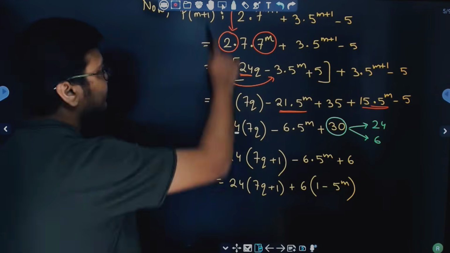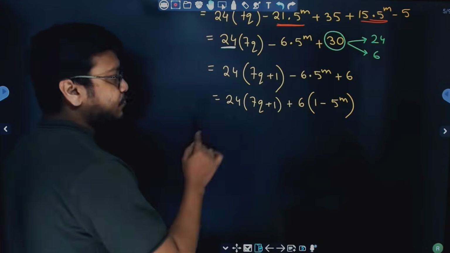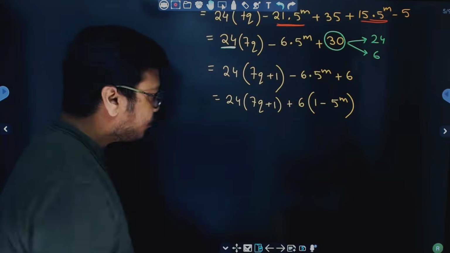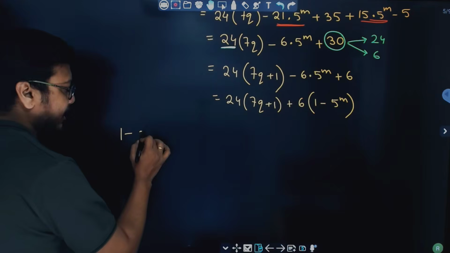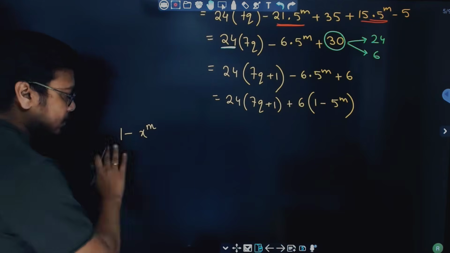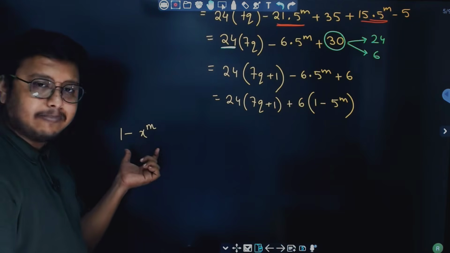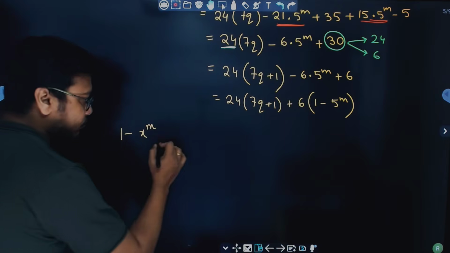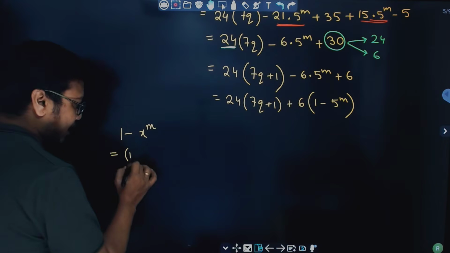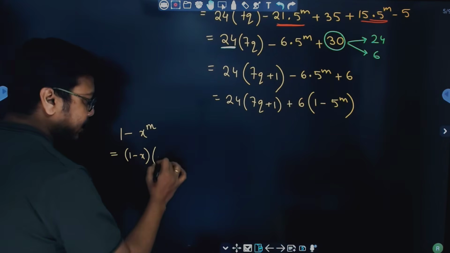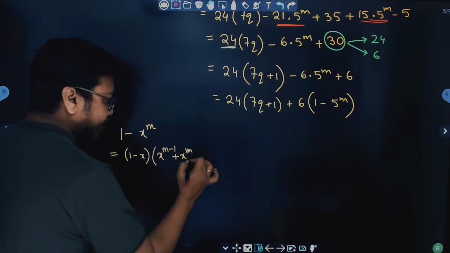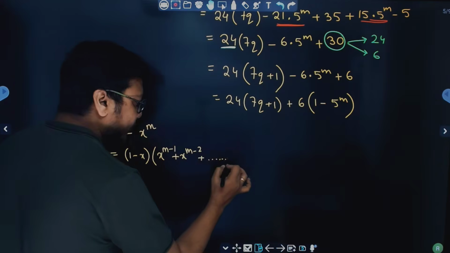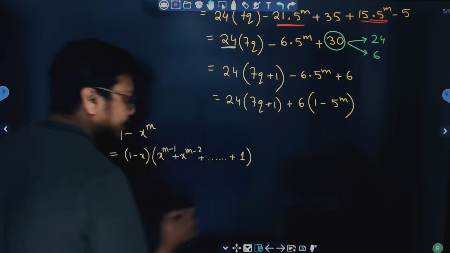So now if we need some algebraic expansions here, I need you to recollect this formula specifically, 1 minus x to the power m. Alright, this is the formula that you need to remember. The factorization of this formula was 1 minus x times x to the power m minus 1 plus x to the power m minus 2, and all the way down up till 1.